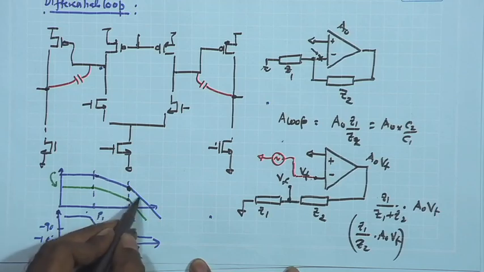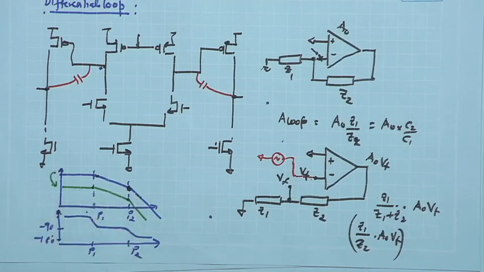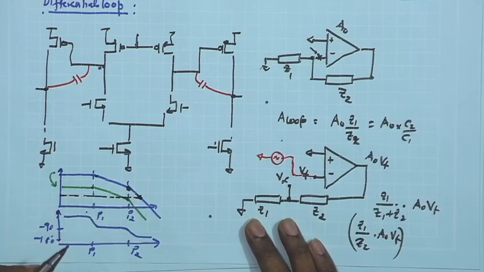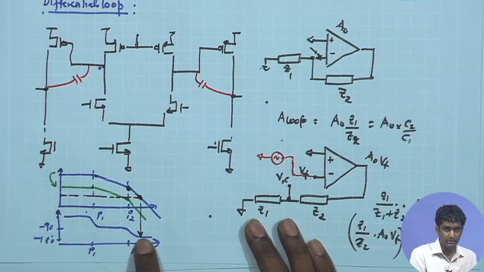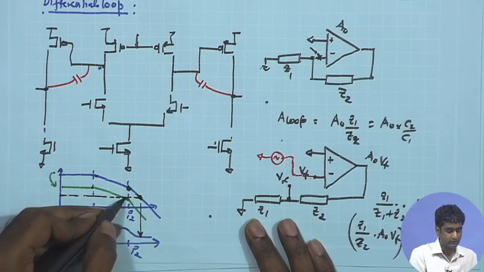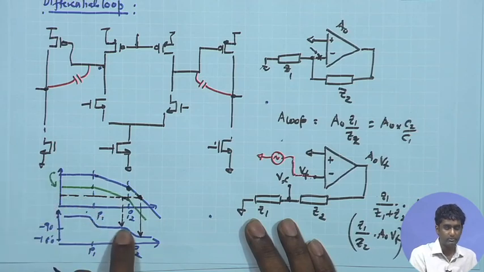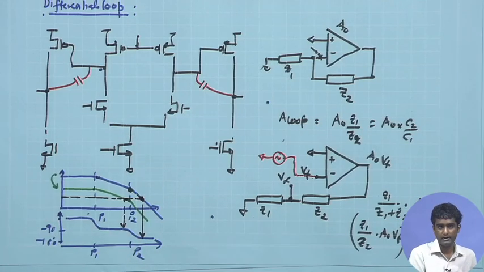Suppose this is my 0 dB point for the common mode loop. The phase margin for the common mode loop will be given by the phase at this point, whereas for the differential loop the 0 dB point comes much earlier. As a result, the phase margin will be given by this point, so the differential loop will automatically have a better phase margin than the common mode loop.